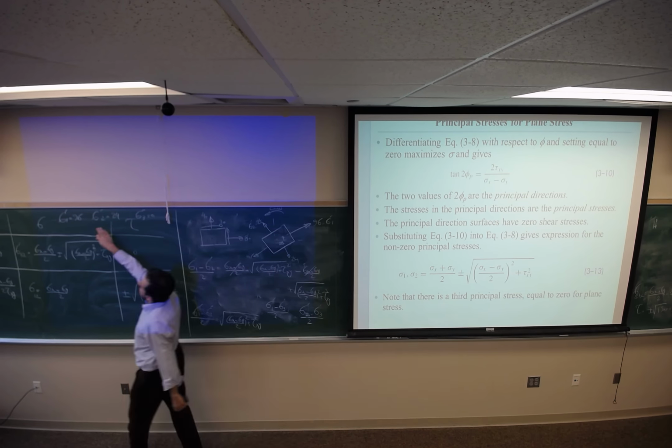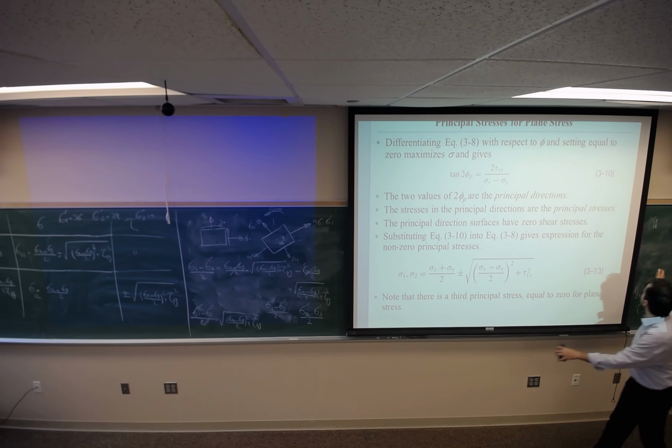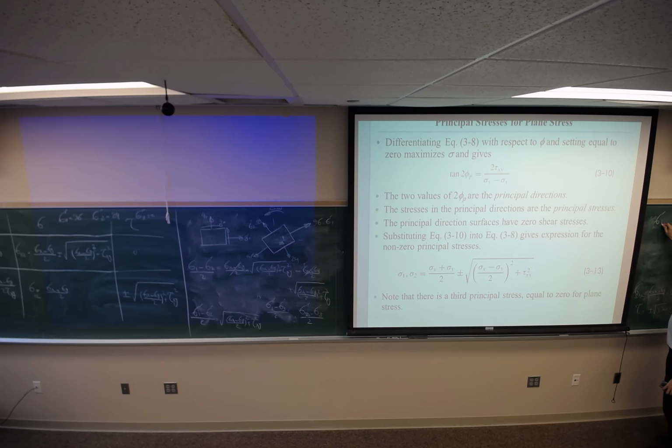If you calculate these, you calculate sigma prime 1, sigma prime 2, and sigma prime 3. Then pick 3 things, sigma 1, sigma 2, and sigma 3, and make sure that they are in order. Sigma 1 is greater than sigma 2, and both are greater than sigma 3.